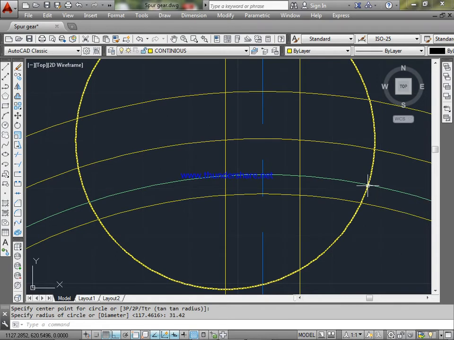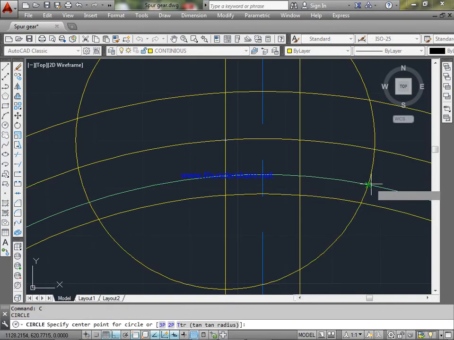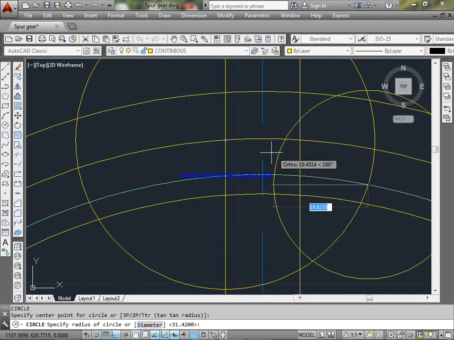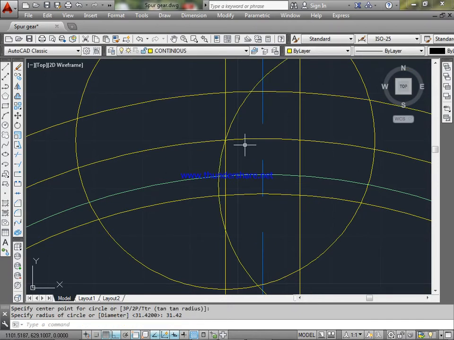Then again draw an arc taking this as center with radius 31.42, which touches the tooth thickness point on one side.